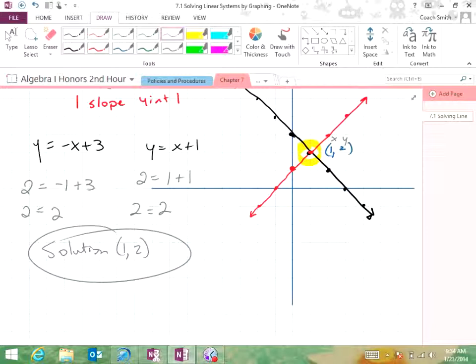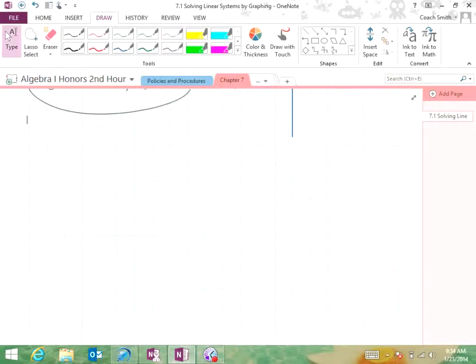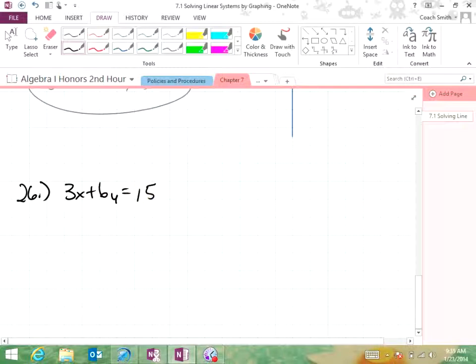All right, now, let's look at one that's a little bit harder. They always got to be harder, don't they? Can't ever be easy. All right, let's look at number 26. Number 26 says 3x plus 6y equals 15.